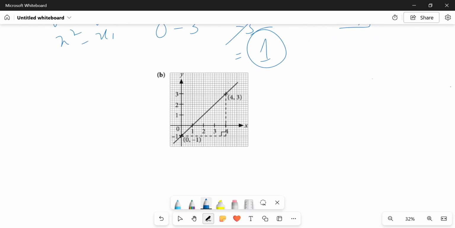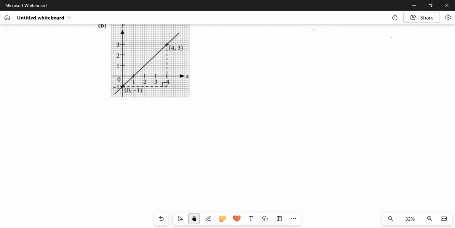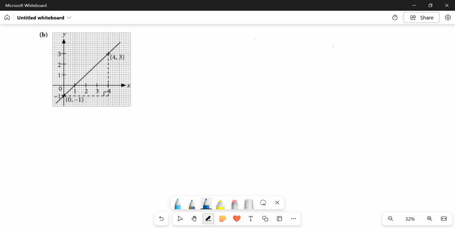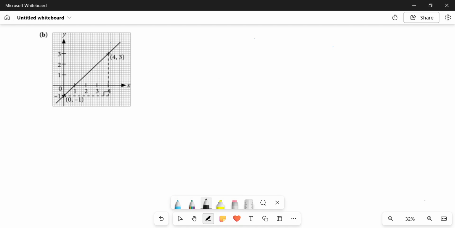Let's solve another example. This example has a straight line. This is the y-axis, with 1, 2, 3 mentioned. And on the x-axis, it's mentioned 0, 1, 2, 3. And below this one is minus 1.